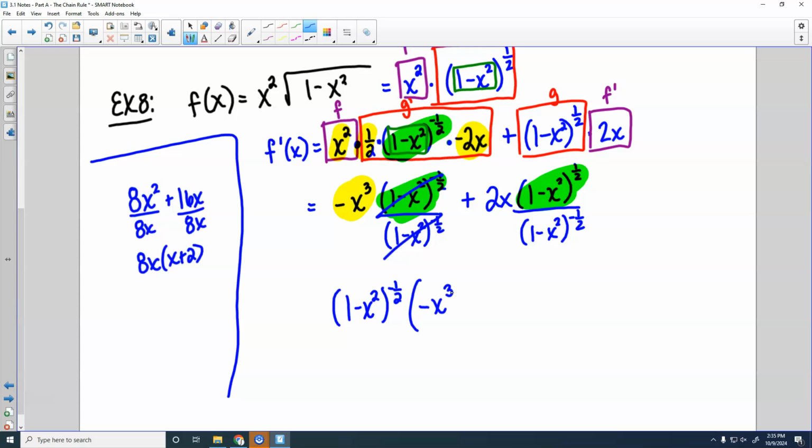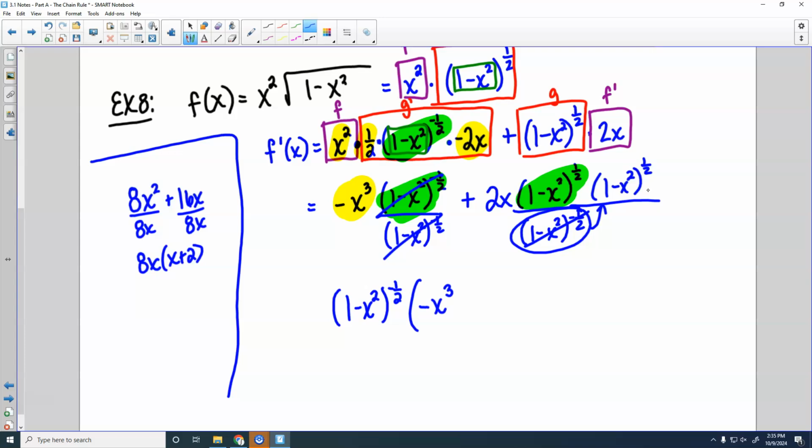But that is not going to happen over here because I have a positive 1/2 and a negative 1/2. For this, the negative 1/2 could move up to the top, right? So that'd be up here, (1 minus x squared) to the positive 1/2.